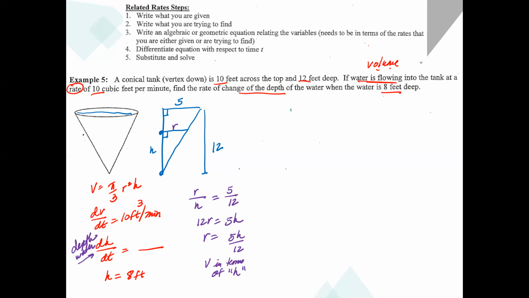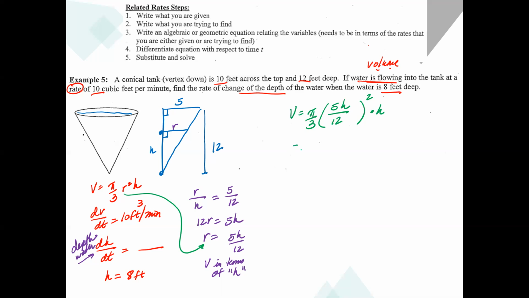You should have volume is equal to pi over 3 times the radius, which actually you just found right here, is 5h over 12, and it's going to be squared, times the height, and I don't know what the height is, I'm just putting a height right here.